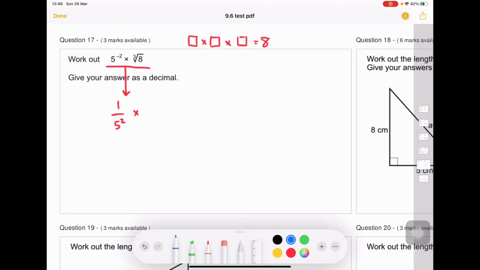And this number is, of course, 2. So we have 1 over 25 multiplied by 2, which as a fraction can be written as 2 over 1. And so we have 1 times 2 on the top, which gives us 2. 25 multiplied by 1, which gives us 25.